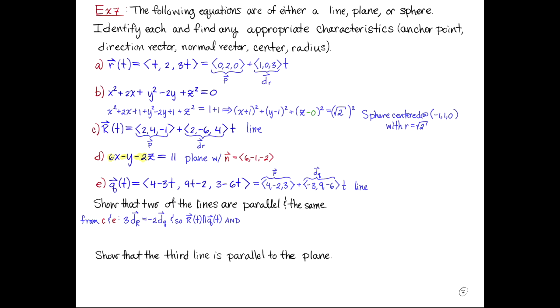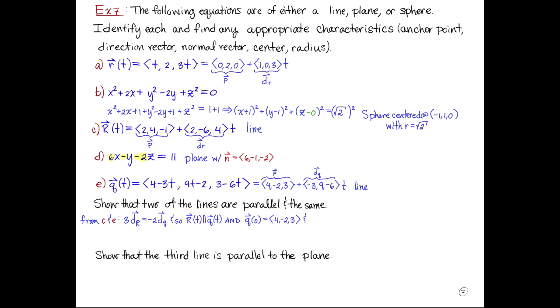0 is always a nice, easy t value to use. Subbing 0 into Q of t, we have Q of 0 is equal to (4, −2, 3). And we want to look at our capital R of t and see if we can get some t value such that our x component would be 4, or we could look at our y component, setting it equal to −2, or the z component, setting that equal to 3.